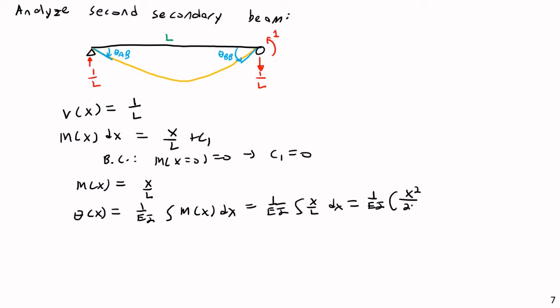X squared divided by 2L plus a second constant c2. And just like in the previous case, we're not going to be able to directly solve for the constant that comes from the theta function just yet, but we'll come back to it.